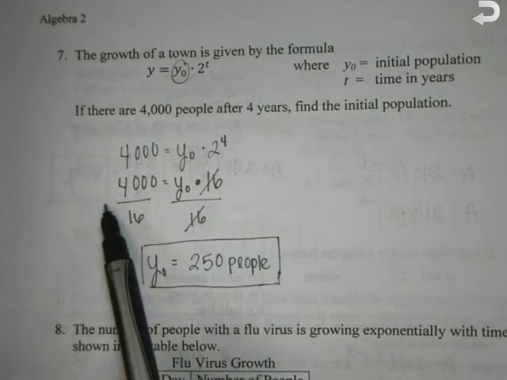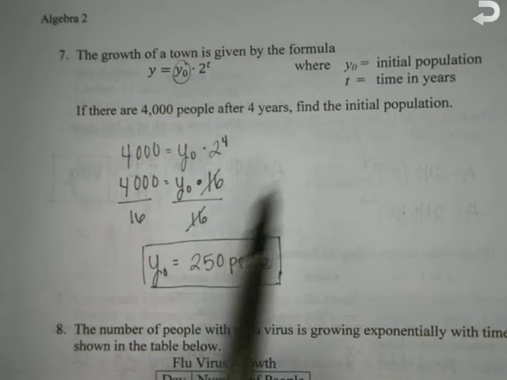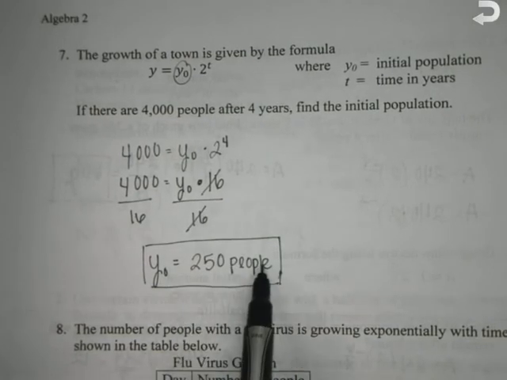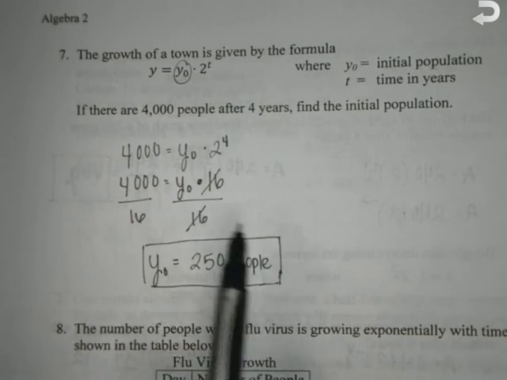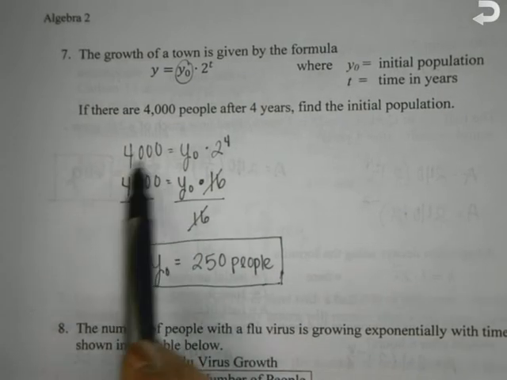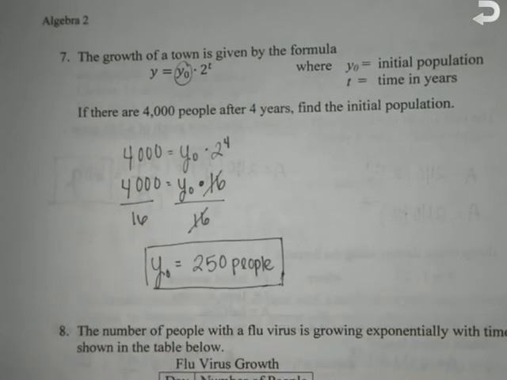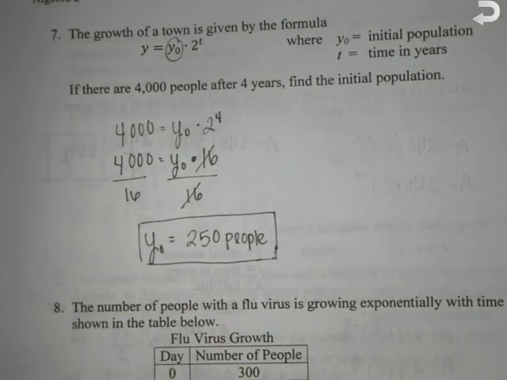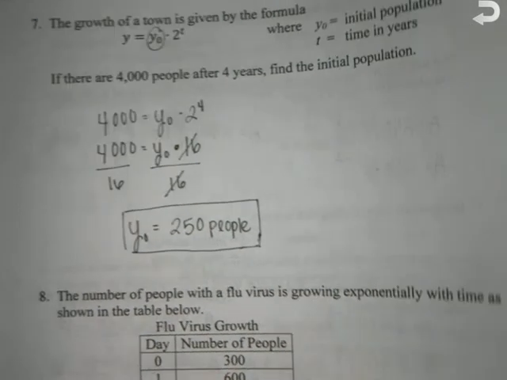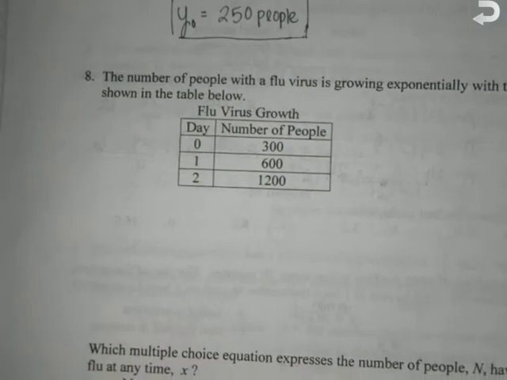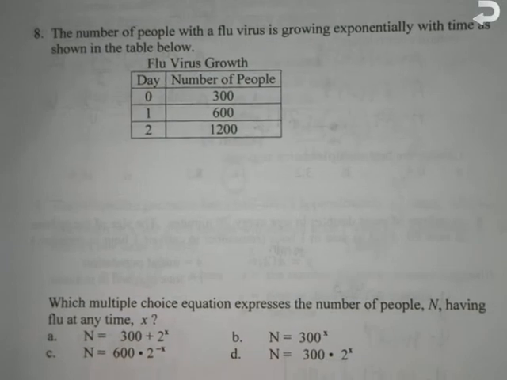Last one, number 8. Also a multiple choice. The number of people with a flu virus is growing exponentially with time as shown by the table below. Which multiple choice equation expresses the number of people n having the flu at any time x?